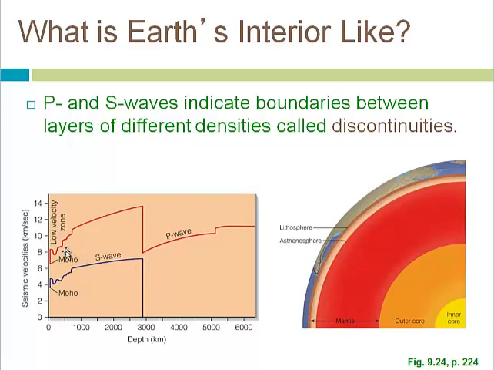Now, the velocity of the P wave, because it's a compressionary wave, not a side-to-side or circular motion type of wave, and I'll explain what I mean by that in a second, as these waves move through, the P wave slows down, then it hits the inner core and speeds up a little bit, and then you get the same type of pattern on the other side once it goes through the inner core and comes out the other side, if it actually does hit the inner core, excuse me.